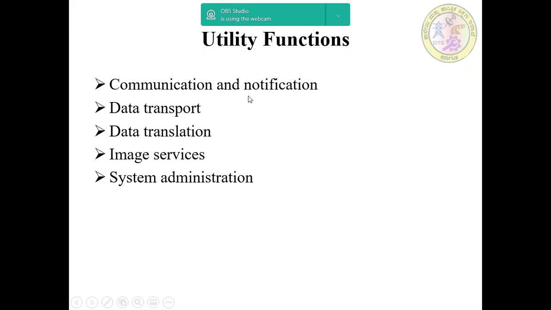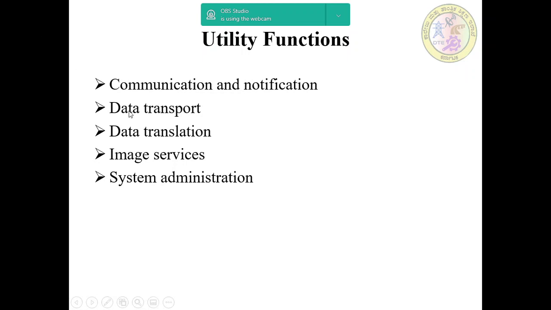Here, communication and notification function handles communication within PDM system and also provides interfaces to external email system. The automated online notification of critical changes or events to all the concerned people helps to keep everyone informed about the state of the project.